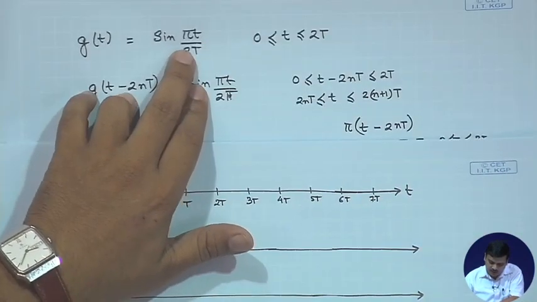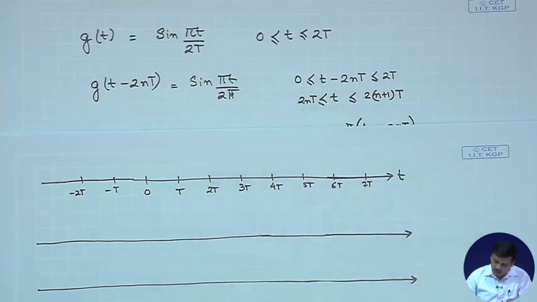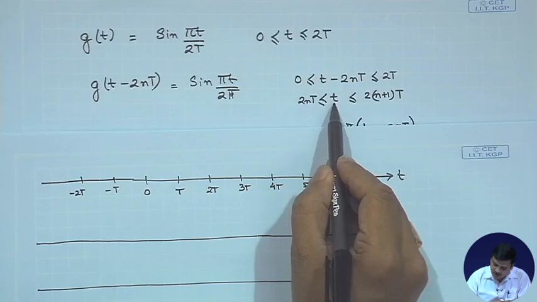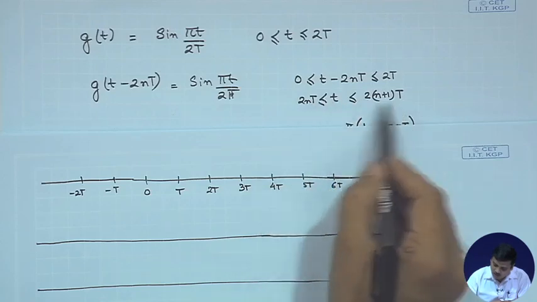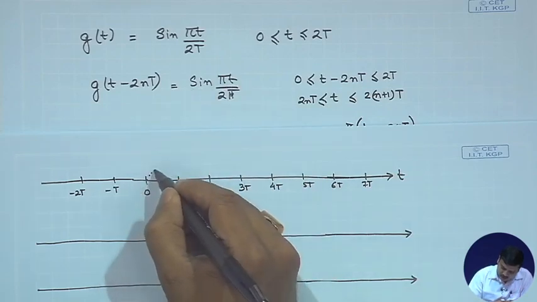What we find from this expression is that g(t) is equal to sine pi t for this interval. If I put n equals 0, that means t from 0 to 2T, I am going to get sine pi t.